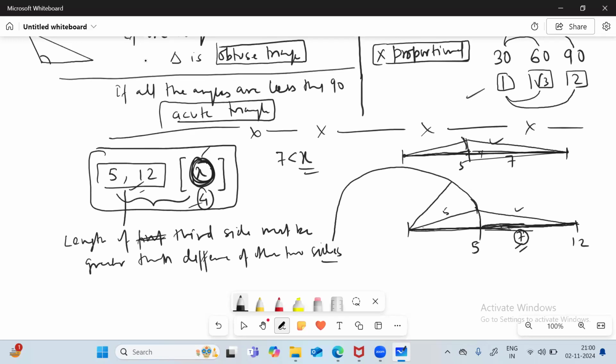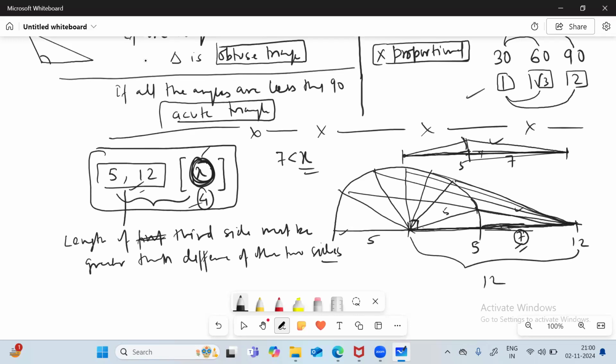At every point you will be getting a triangle. And you can see that the size of the third side is increasing after rotation. And here we are getting a right angle triangle also. Then we kept on rotating the side of 5. When the side of 5 is here, with 12 and 5 on the line, the third side must be equal to 17 in order to coincide on that line.